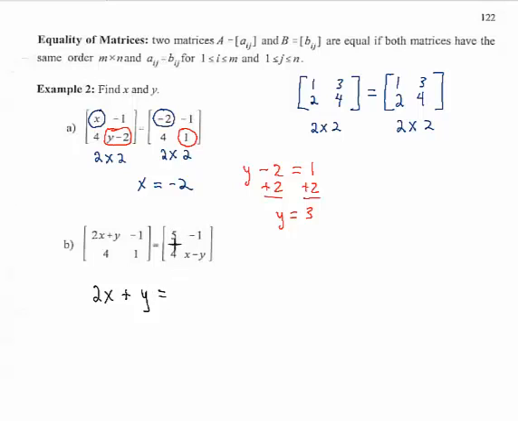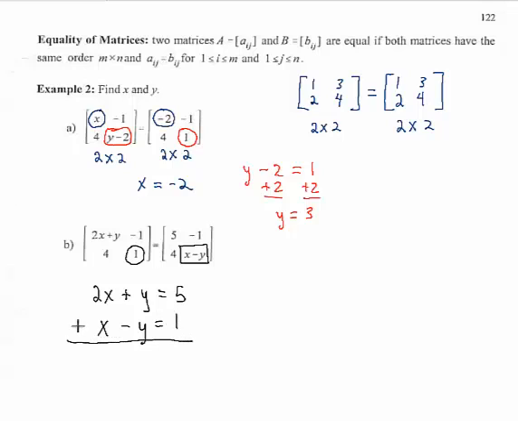And so it has to equal the first row, first column of the second matrix, 5. And in this case, we have an equation with 2 variables, and so if we're going to solve this for x and y, then we have to have another equation. 2 variables, 2 equations, and we have that with the second row and second column. We have 1 has to equal x minus y. So x minus y equals 1.